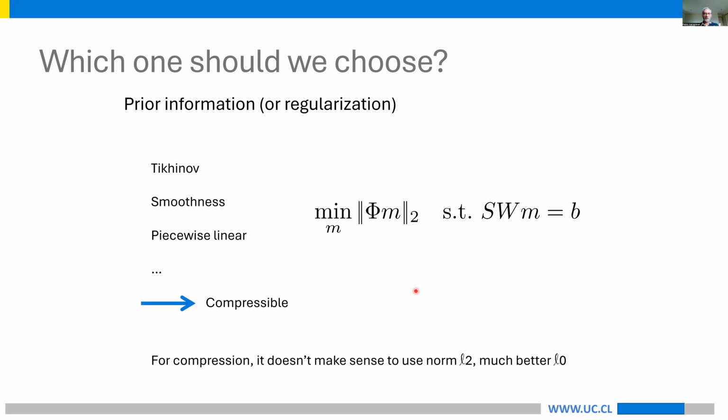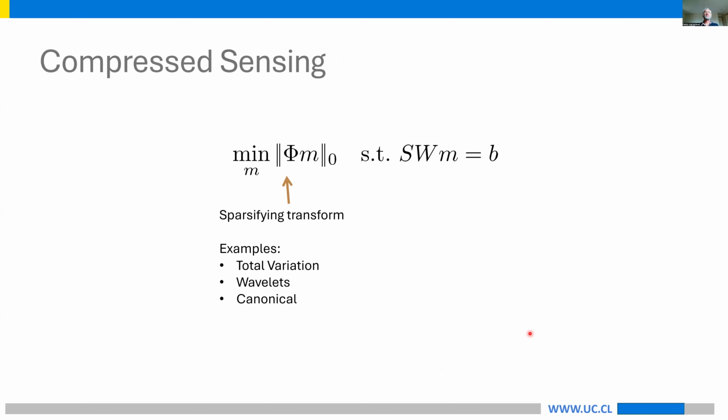So if all the useful images can be compressed, it means that being compressible is something that makes an image useful, important. Images that are not compressible are basically noise. You cannot compress noise. So a good way to choose the correct image is to look for the one that is compressible. And for that, we use the norm 0 or norm 1.